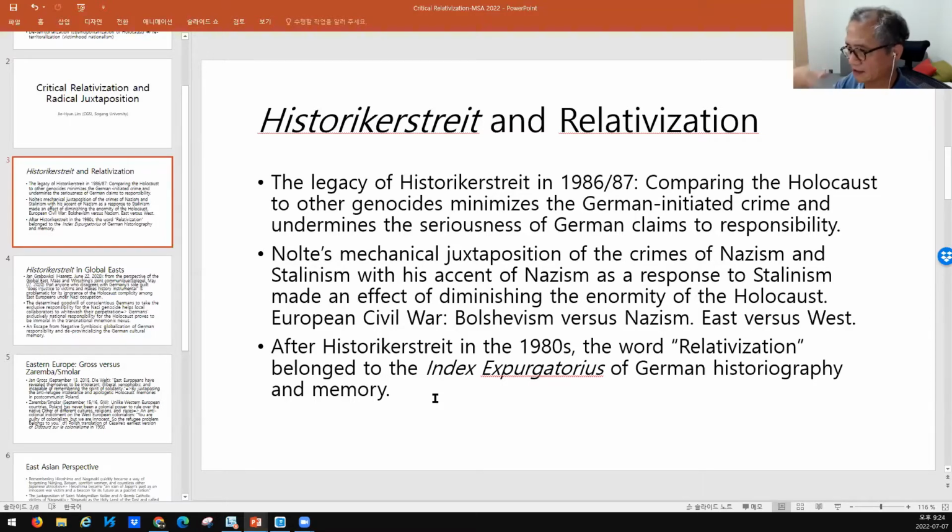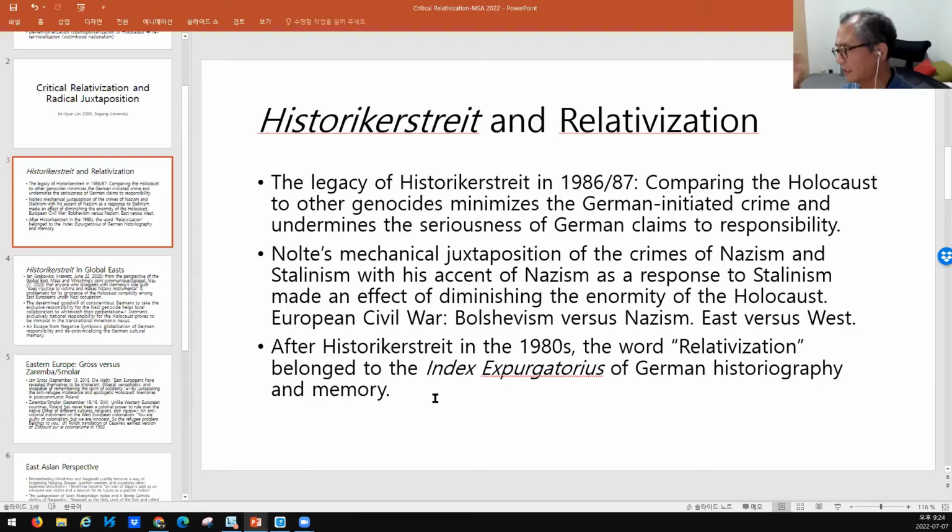He offered a new way of seeing the Second World War as a so-called European Civil War, Bolshevism versus Nazism, East versus West, interpreting Nazism as a response to Asiatic communist Bolshevism's aggression towards Western Europe.